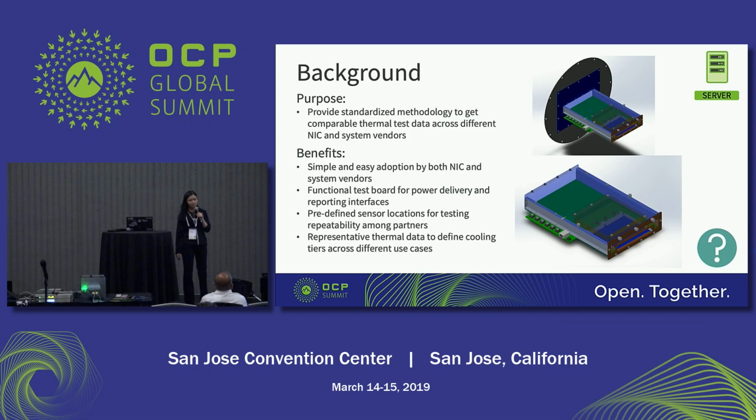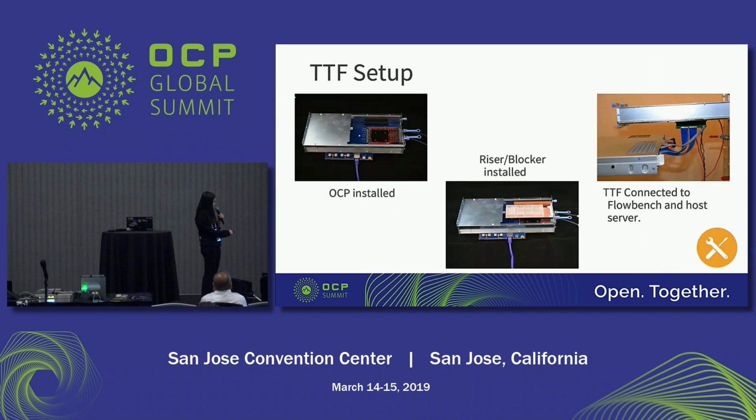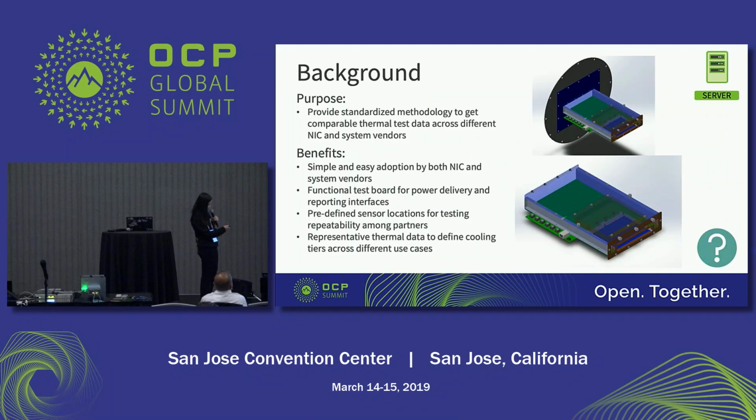And also, it has a functional test board inside, which delivers power and you get the power delivery together with the sensor reading directly from this test board. And also, we have 3 predefined sensor locations in this right-hand side picture.